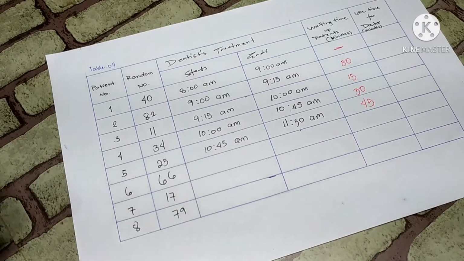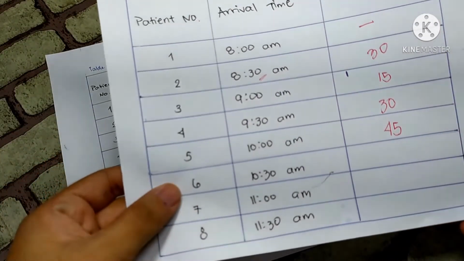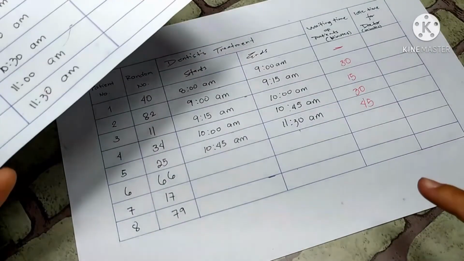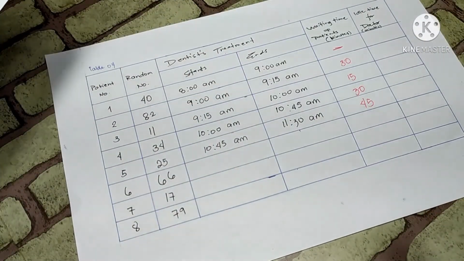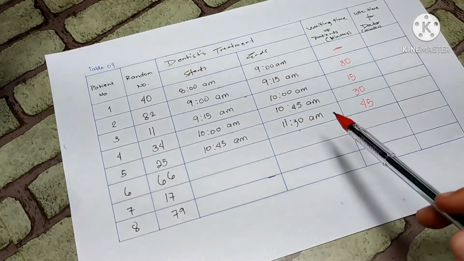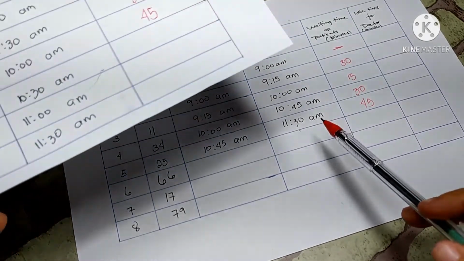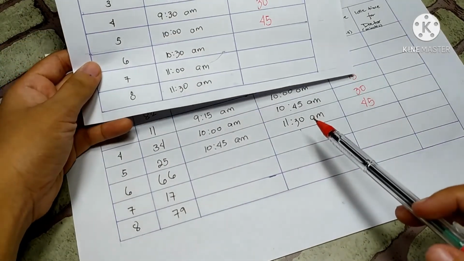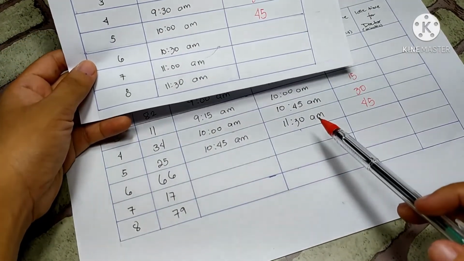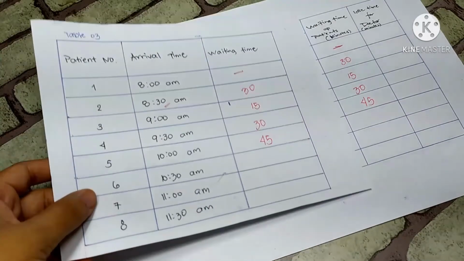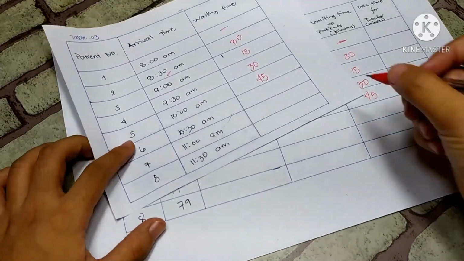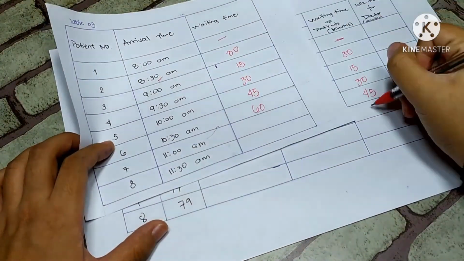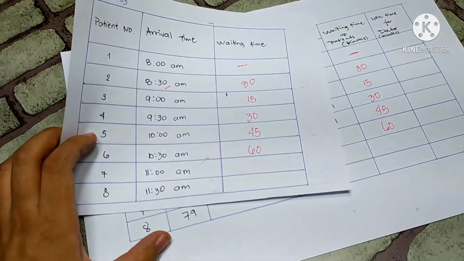Para kay patient number 6, arrival time niya at 10:30 a.m. Pero natapos si patient number 5 at 11:30 a.m. So, may 1 hour waiting time or 60 minutes si patient number 6.